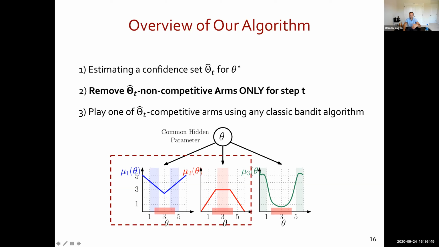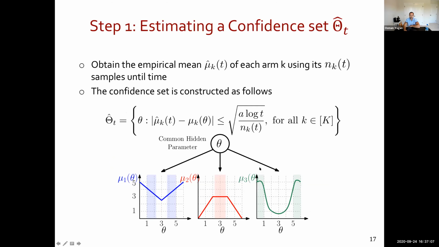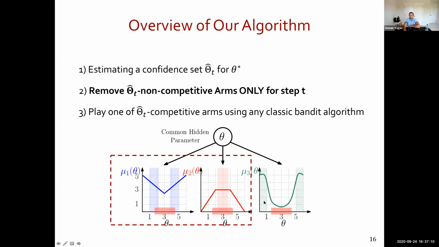So in this case, if your confidence interval for theta is here, you decide that there is no way for the third arm to be optimal. What you do is play, if you are using UCB, UCB among these two arms. If you are using Thompson sampling, you will do the same, and so on and so forth. So the algorithm, in summary, is like this.